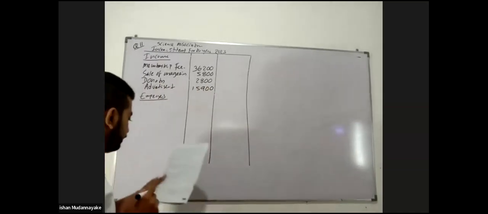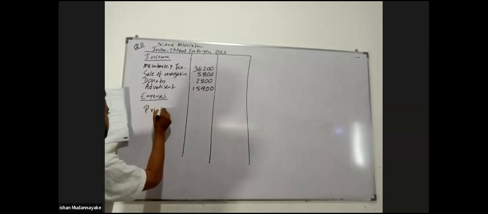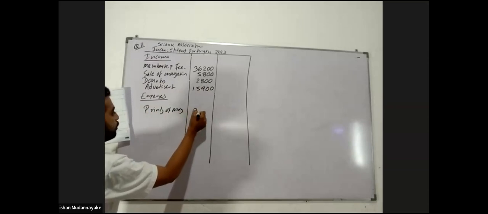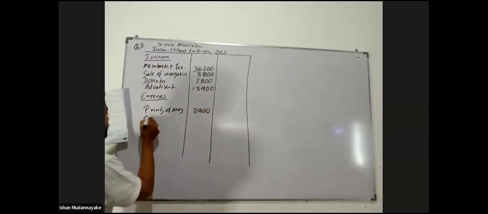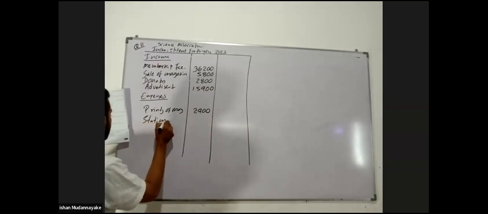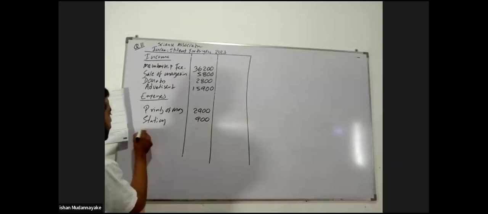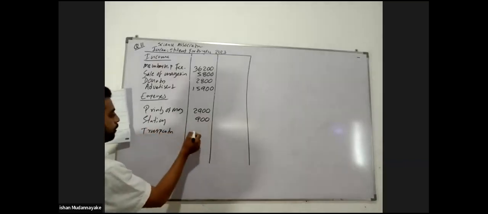Right. And then write down expenses. Printing of magazine, 2,900. Stationery, 900. Transportation, 400.